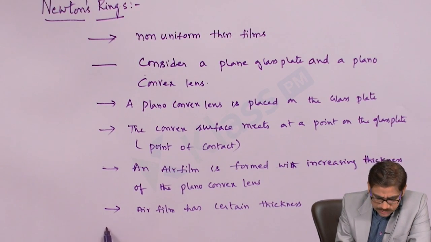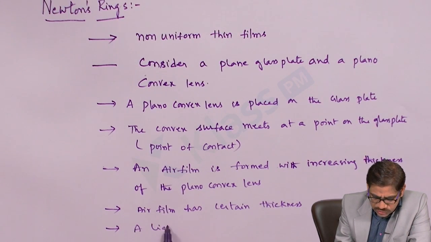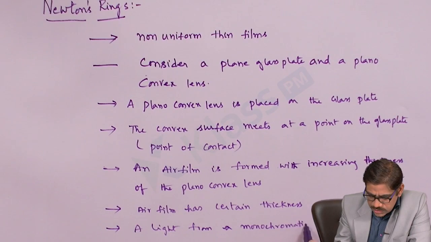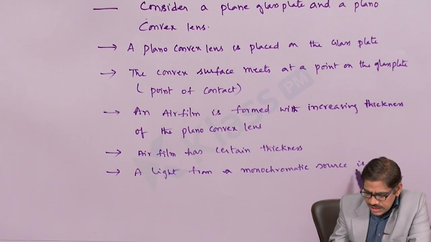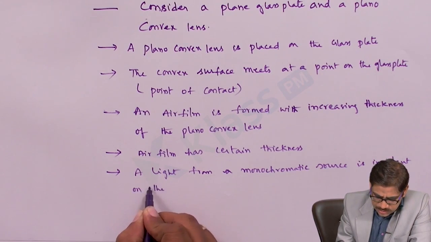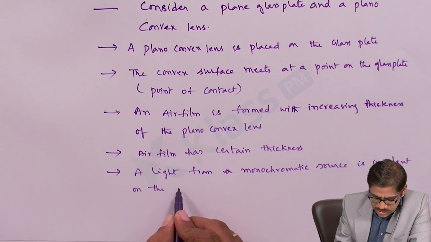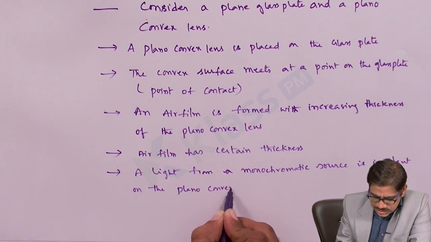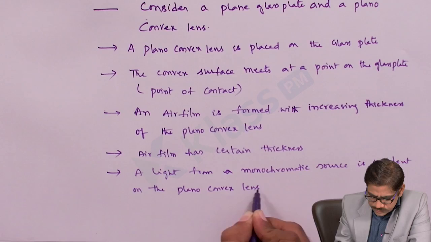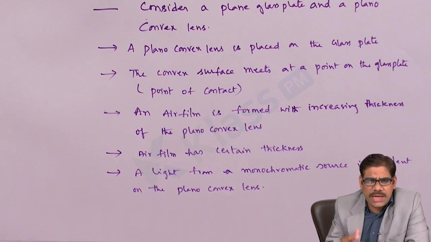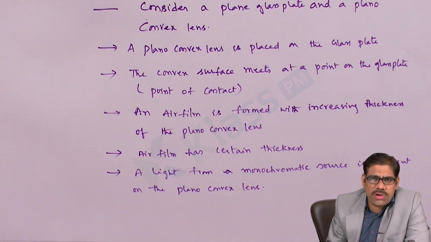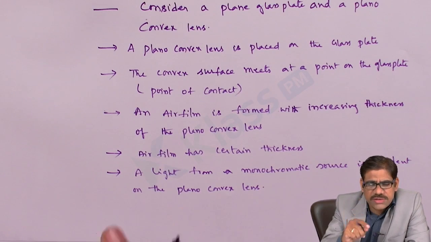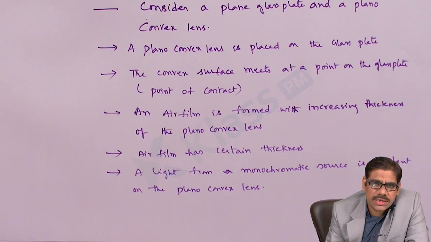Now, light from a monochromatic source is incident on the plano-convex lens. When light is incident on the plano-convex lens, it reaches the point of contact.